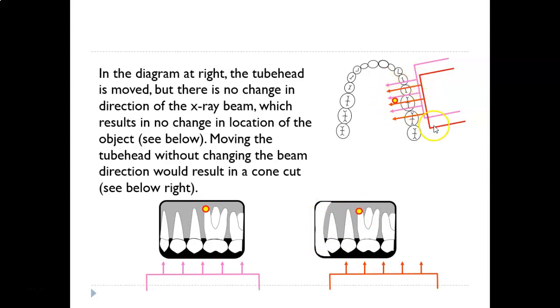They just simply moved the BID back. So they end up with a cone cut, and this object is still in the exact same place. So moving the tube head without changing the direction of the beam doesn't result in any information other than you've cone cut. So it's not about necessarily the movement of the tube head, it's the angle of the tube head. That changes everything. It's your angulation.